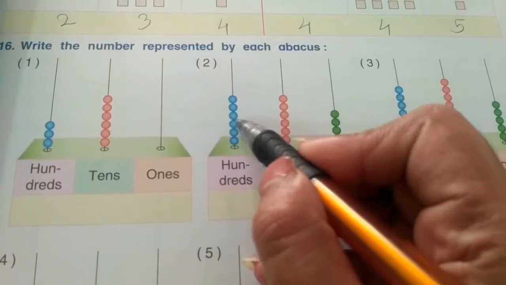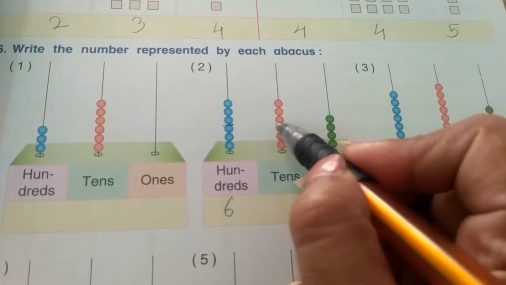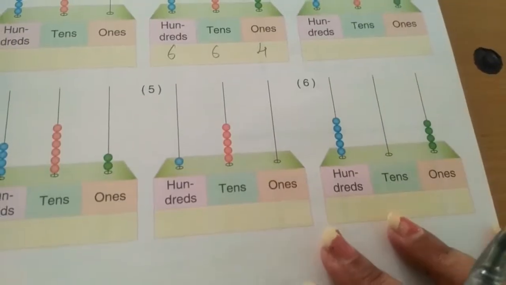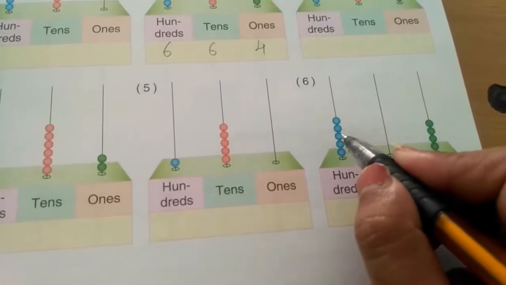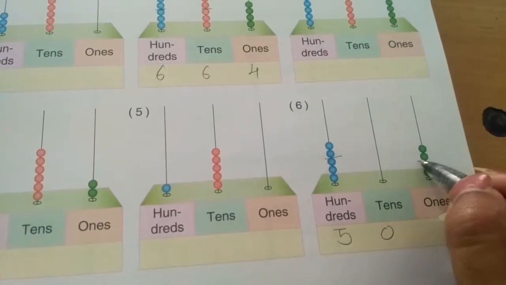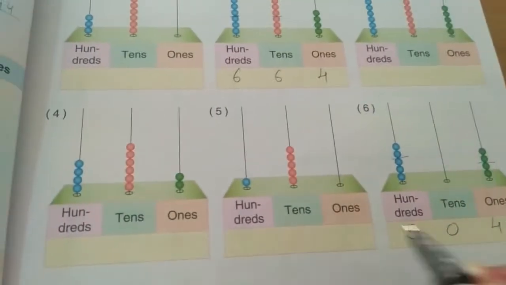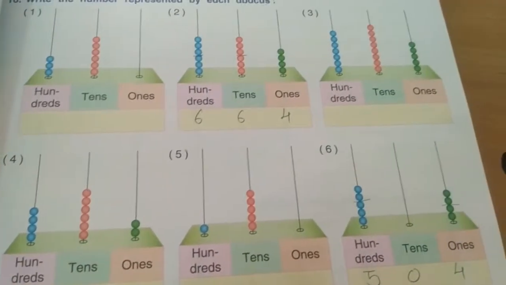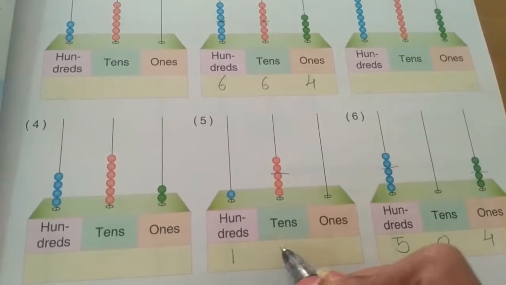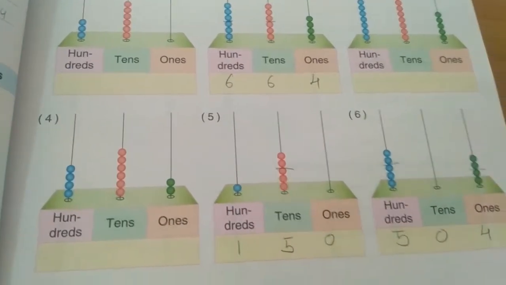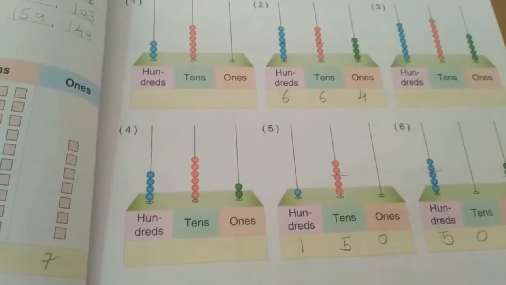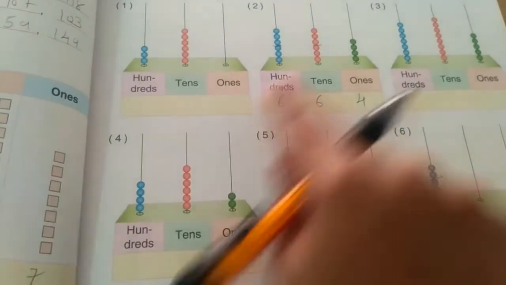For example, here's a 6 and 4. Here is a 5, 0 and 4. That would be super easy for you guys. And here is a 1, 5, and there is nothing, so you will put the 0. The other examples you have to do yourself. That's super easy.